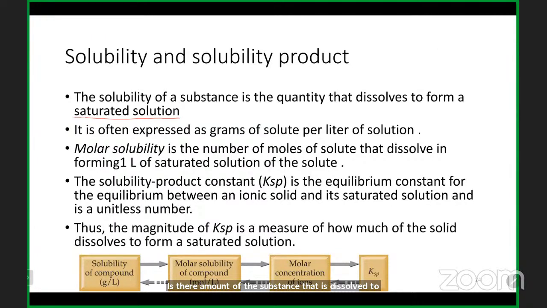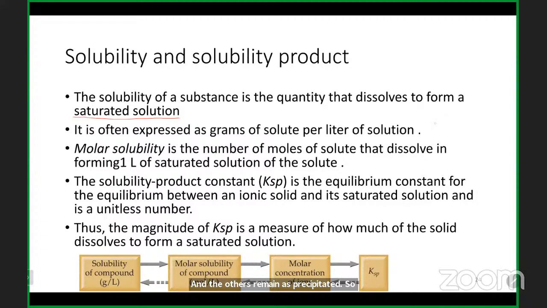A saturated solution is how much the water can take. You can have an unsaturated solution, which means the solvent can still take more of the solute that you want to dissolve in it. When it is saturated, that's the maximum solute it can take. Then you can have a supersaturated solution, which is the case with most of our insoluble salts: you've already dissolved as much as you can take, and the others remain as precipitate.